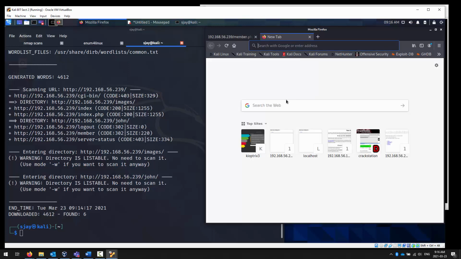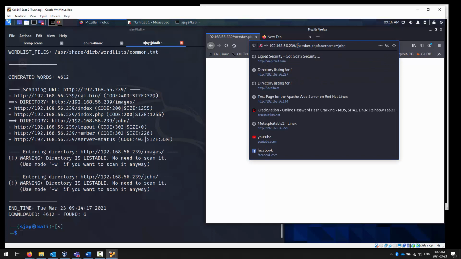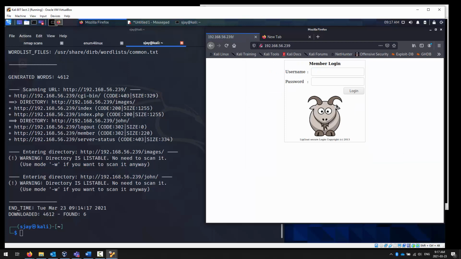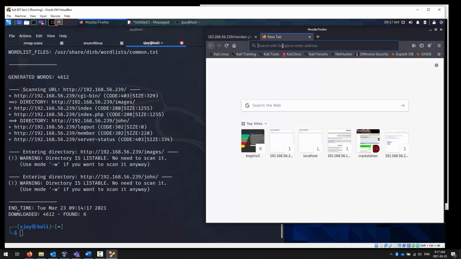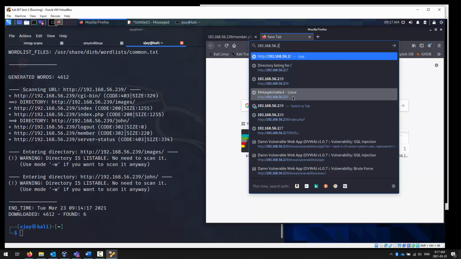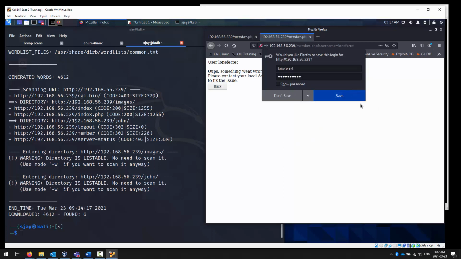Now, we can also try with Lone Ferret, right? We can also try Lone Ferret and our password and see if that works.